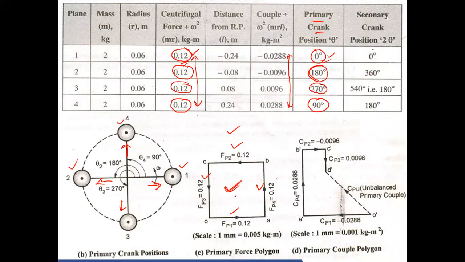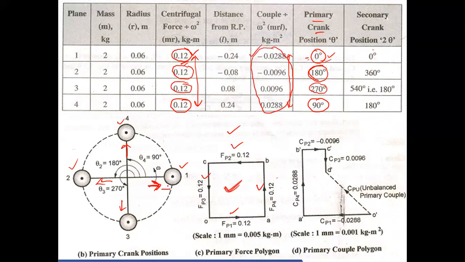Now we are going to see the primary couple. Here you have to take these MRL values, which are the couple values. For the first cylinder, what is the direction? This is primary, right? It is 0 degree. The direction is this.